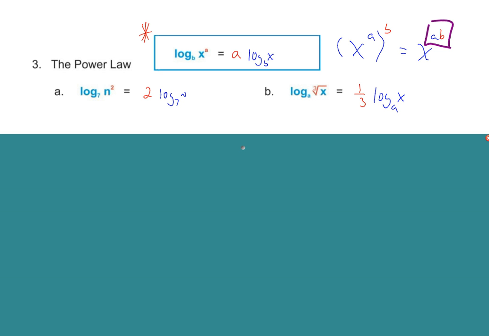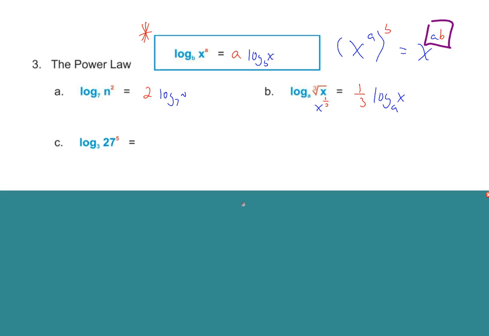So again, for those of you that don't see it, that's an x to the 1/3. And the 1/3 comes out as a multiplier. Okay? All right. Something like C. Sometimes you can get a little creative and go past just standard stuff here.